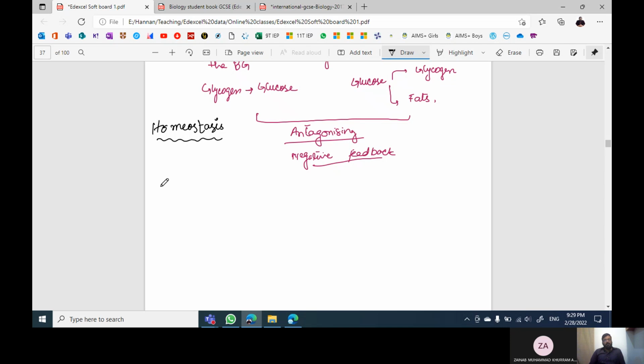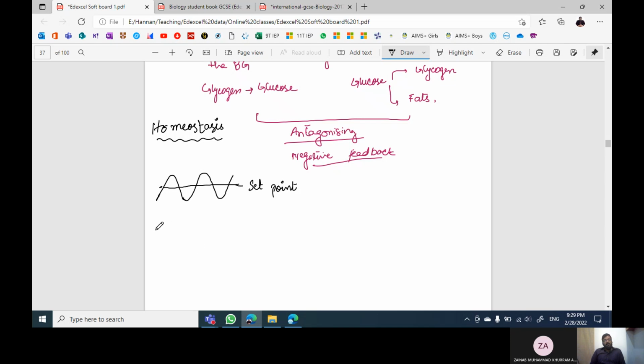For example, your body has a set point of something, and your body would try to achieve this set point at all costs. For example, if the amount of glucose in your body is increasing above the set point, you would start reducing it. And if you have reduced the amount of glucose to such an extent that you are going below the required amount, you increase the glucose, and then you decrease the glucose, and then you increase the glucose.